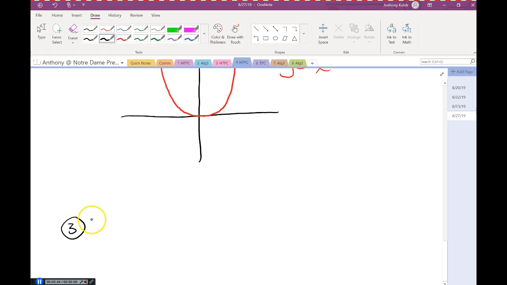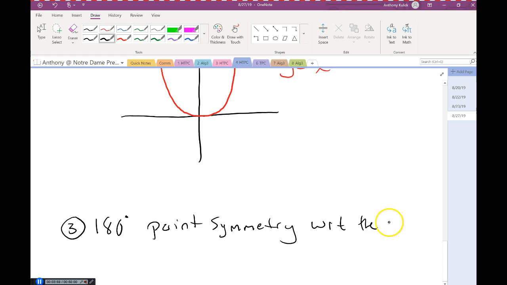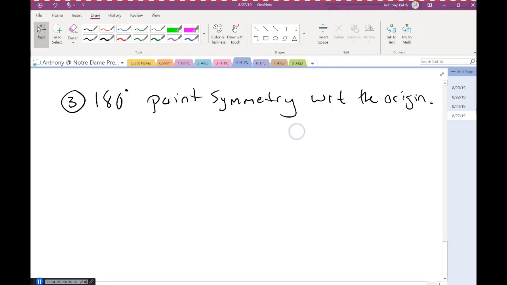The third one we call 180-degree point symmetry with respect to the origin. What does this look like?